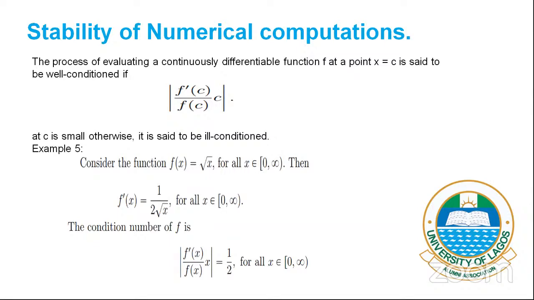A square bracket is known as a closed interval, while a round bracket is an open interval. So the condition number of f is f prime of x over f of x, times x, which equals 1 over 2 for all elements. Please, next slide.